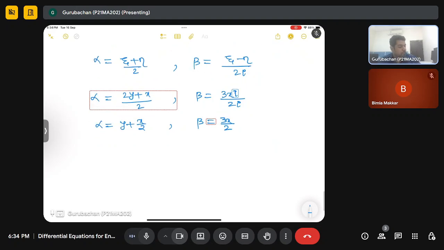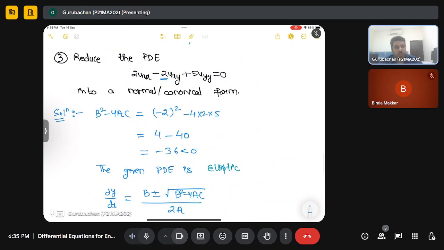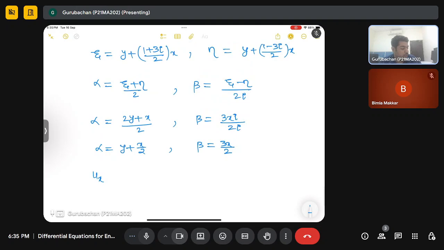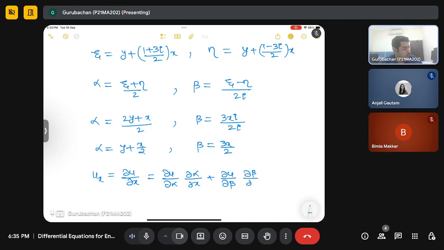So how will you get it? Since we change the independent variables, we want to replace uxx, uyy and uxy. For that you first need to calculate ux. By the chain rule, ux, the partial derivative of u with respect to x, is the partial derivative with respect to alpha and alpha with respect to x, in the same way with respect to beta and beta with respect to x.